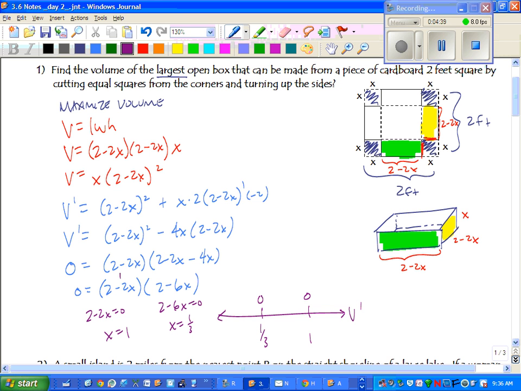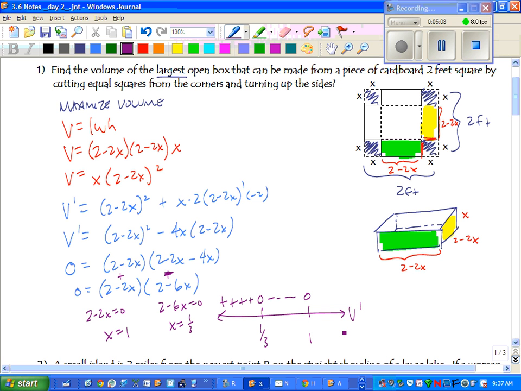So 2 minus 1/2, that's going to be positive. And then 6 times 1/4 gives us 3/2. 2 minus 3/2, that's going to be positive. Put something in bigger than 1/3, like 1/2. 2 minus, we'd end up getting 1 here. That's going to be positive. 2 minus 6 times 1/2 is 3. So 2 minus 3 is going to give us a negative number. That's going to make this negative.